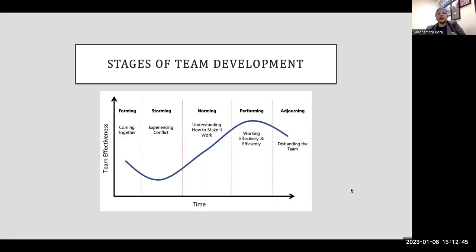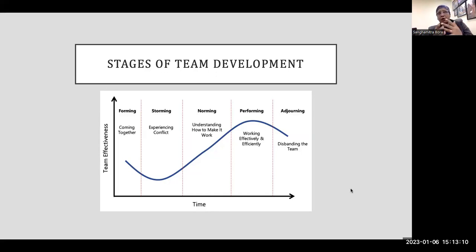So this is a very interesting slide, and I really get excited when I talk about this, because as we work in teams in different areas of our lives, we go through these stages of development of a team. So it's very important for all of us to know, because of two reasons.